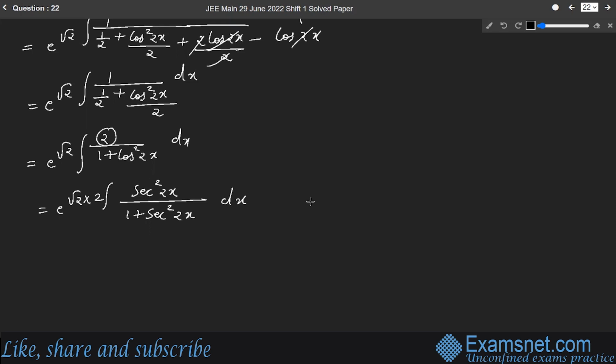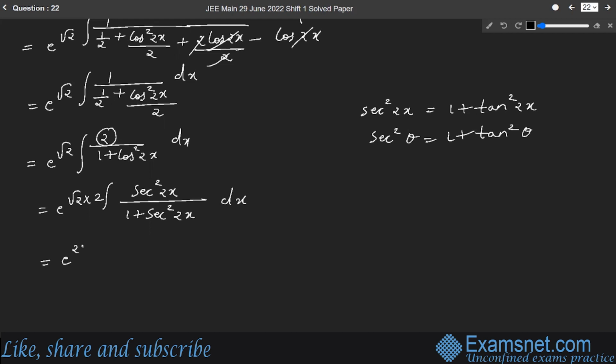All right. Now we know that there is an identity which is sec square 2x equals 1 plus tan square 2x. It is coming from sec square theta equals 1 plus tan square theta, right? So in place of sec square 2x, we can write 1 plus tan square 2x, right?